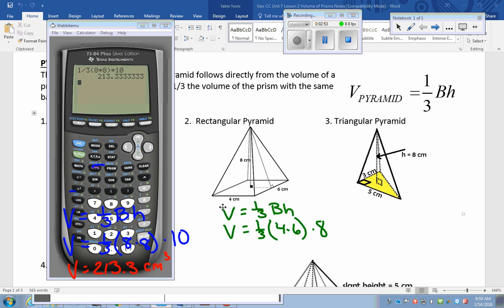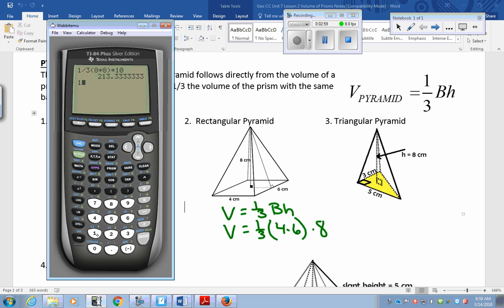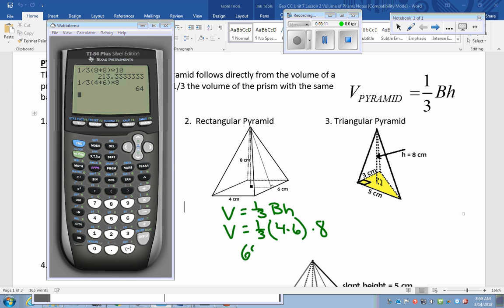So I'm going to go back to the calculator, erase the work from 1 first, and type in 1 divided by 3, parenthesis, 4 times 6, times 8, and then I got 64 centimeters cubed.